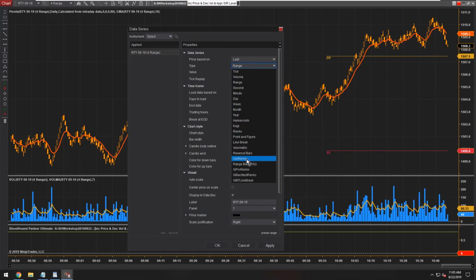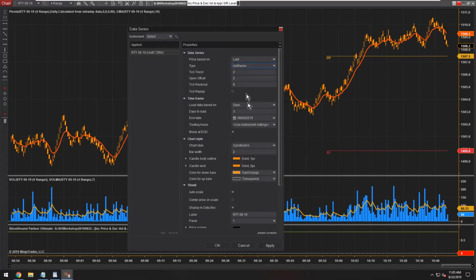Let's go to Unirenko, and take trend 1, and let's do a reversal. I don't know, 12, I guess. And let's get some more data loaded on here. We only have 4 days this week, so let's go 4.